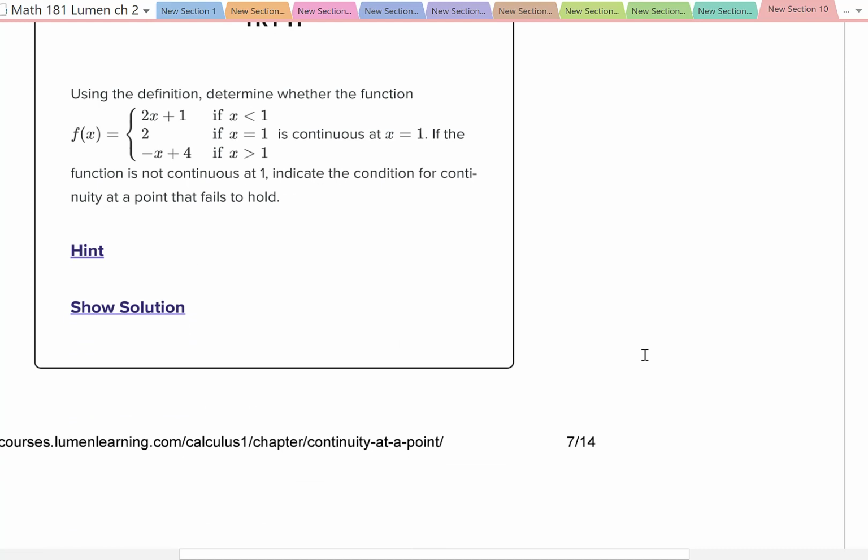So here's another one. Using the definition, determine whether the function, it's a piecewise function again, is continuous at x equals 1. So what we're going to look at is the behavior on each side of x equals 1, and are those limits going to be the same thing, and are they going to be 2, because at x equals 1, f of x is 2.